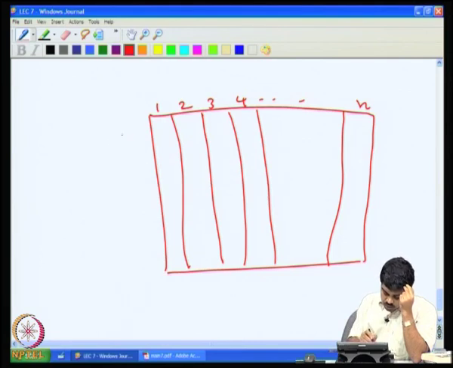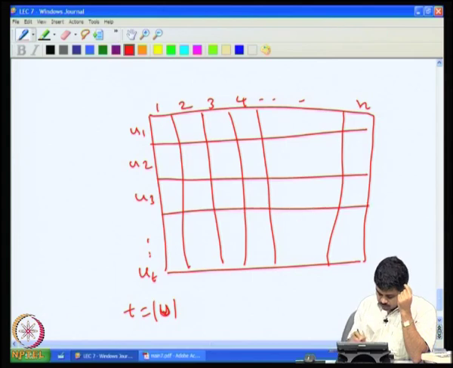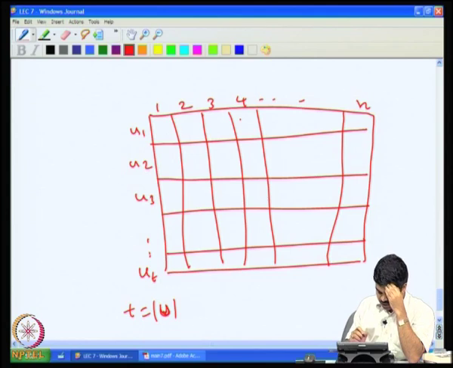For each vertex from U, I will say U1, U2, U3, and this is Ut, say t is equal to the cardinality of U. Now, what we are going to do is to put a tick if U1 can dominate that vertex here. For instance, if U1 dominates 2, I will put a tick here, if it dominates 1, I will put a tick here. U1 may not be dominating 3, so I will not put. Like that I will put ticks.